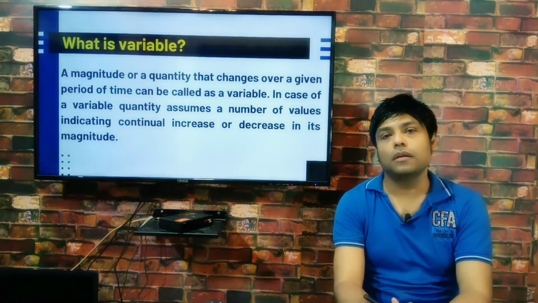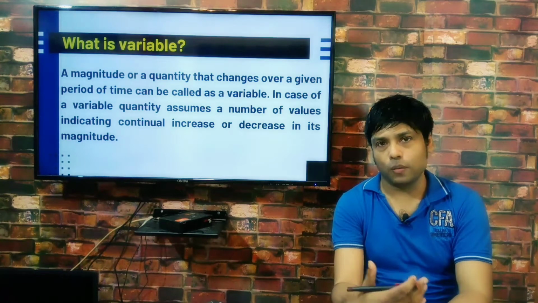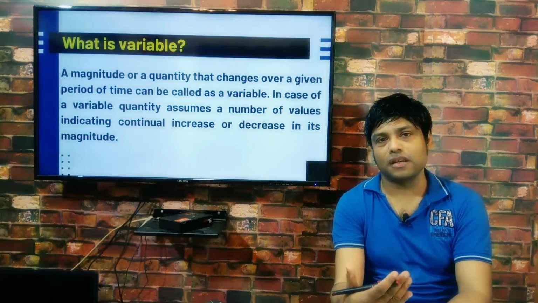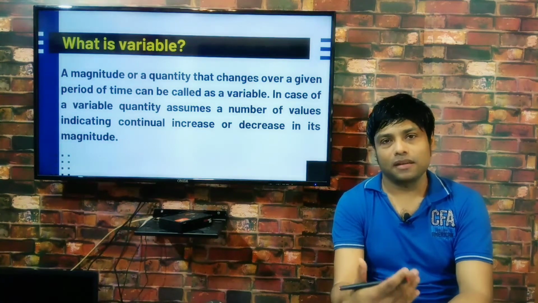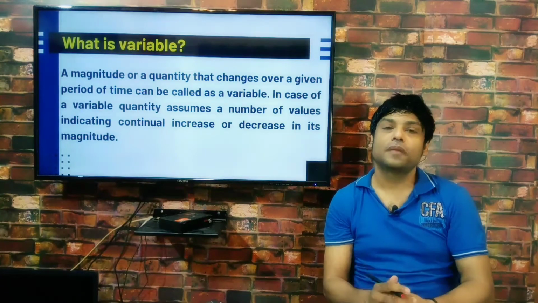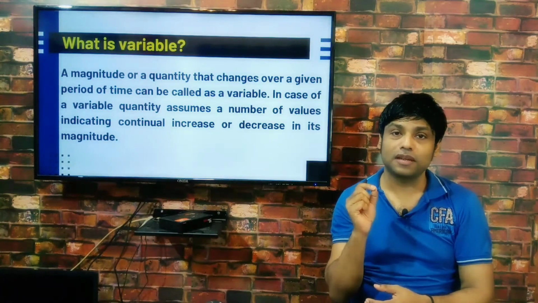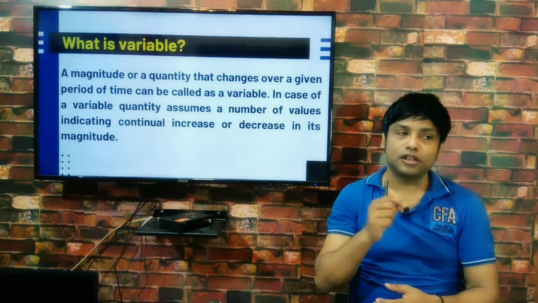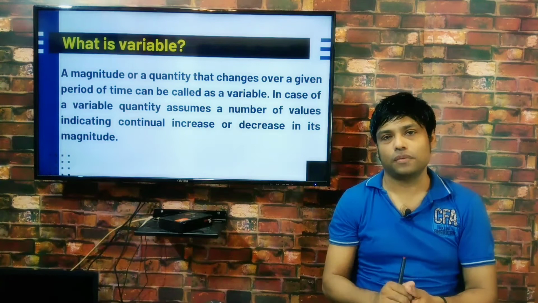First of all, let us understand what is a variable. A magnitude or a quantity that changes over a period of time can be called a variable. In case of a variable, a quantity assumes a number of values indicating a continual increase or decrease in its magnitude.